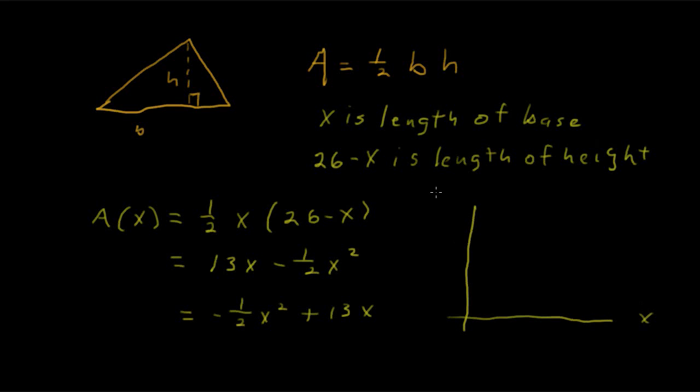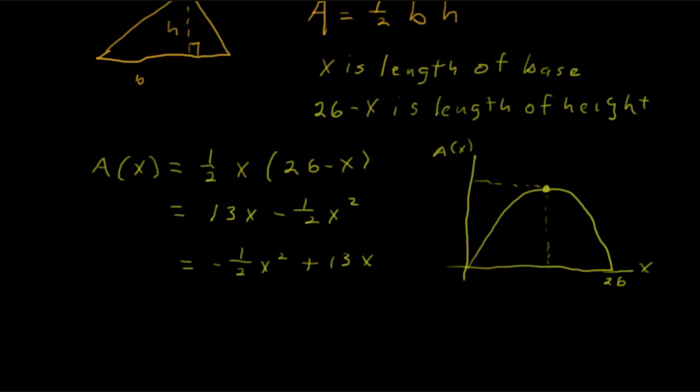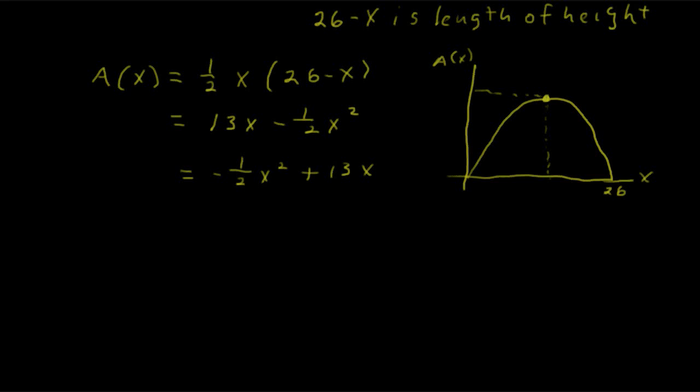Let's sketch what this would look like. Notice that this function is quadratic, and with a negative leading coefficient it will be a parabola that opens down, and we're interested in the maximum value for A of x that occurs at the vertex. We have a couple of ways to represent the vertex.